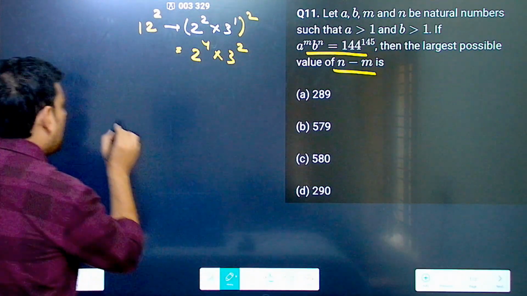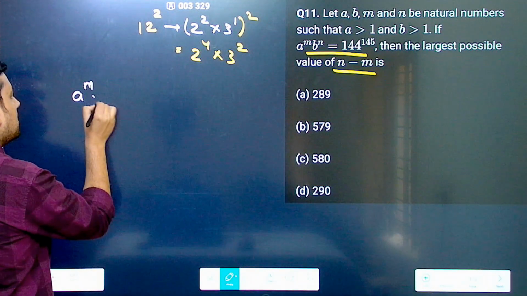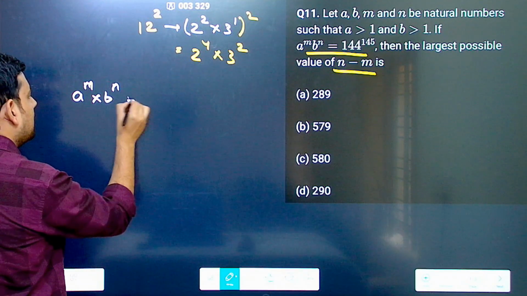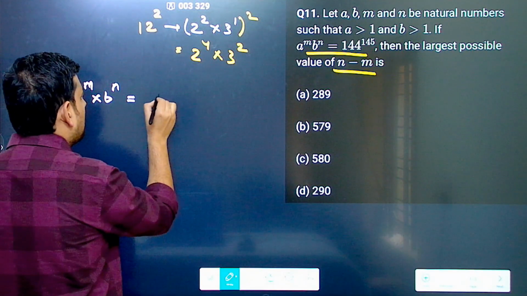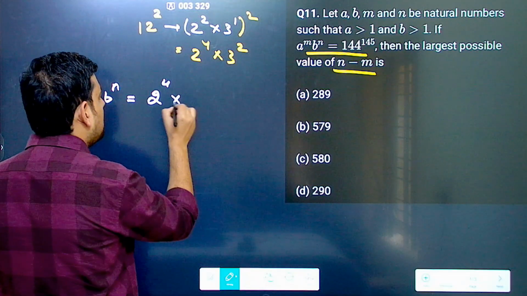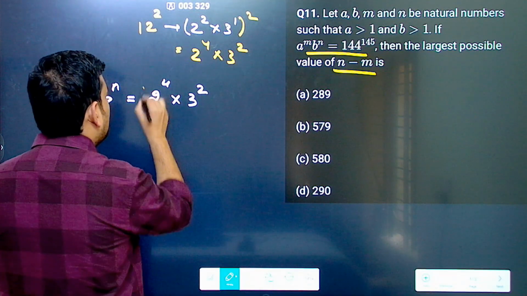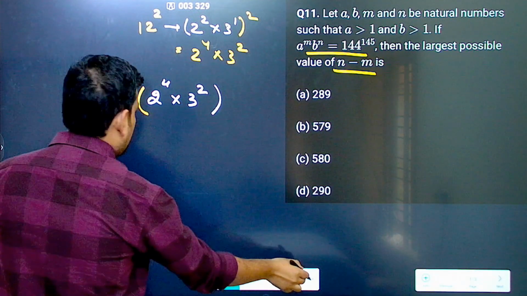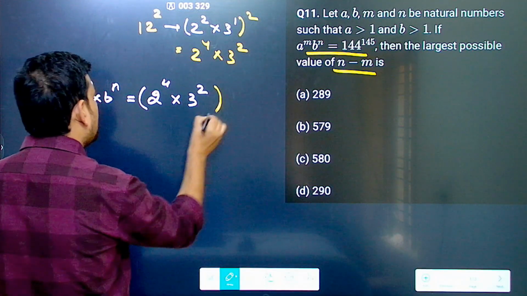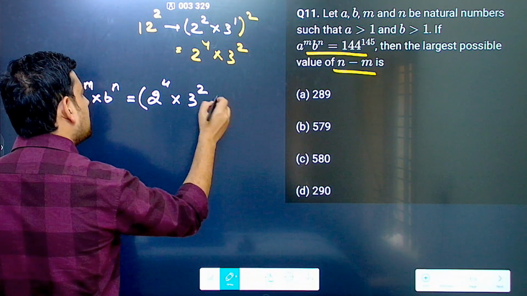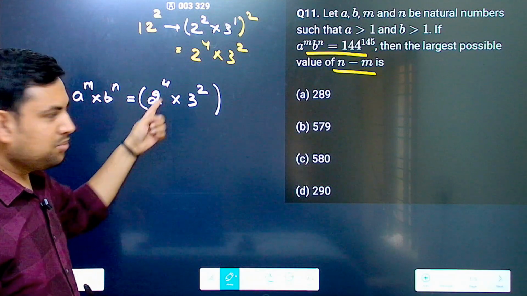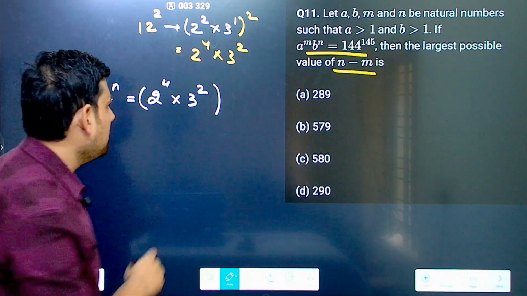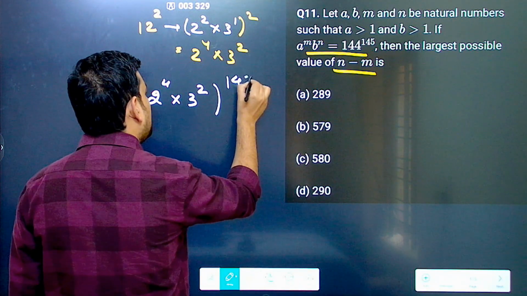Now see, so I write here A power M into B power N is equal to 2 power 4 into 3 square. You can also think of it like 3 square is 9 and 2 power 4 is 16. 16 9s are 144. Then power 145.